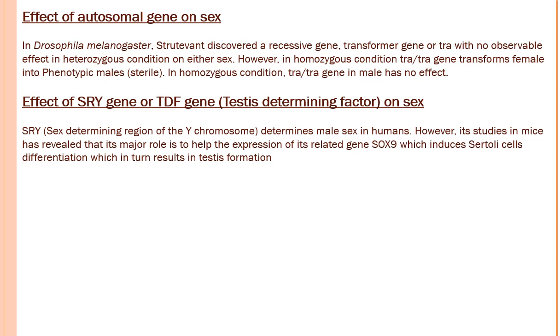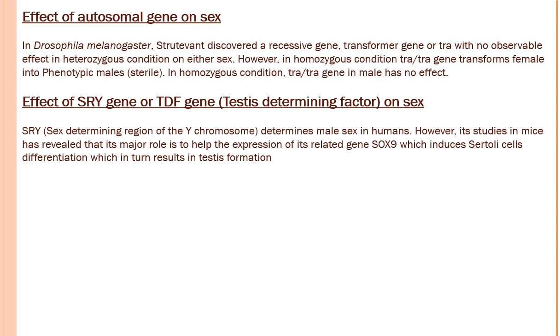The protein produced from this gene acts as a transcription factor, which means it binds to specific regions of DNA and helps control the activity of particular genes. This protein starts processes that initiate development of male gonads in the fetus. Simultaneously, it inhibits the development of female reproductive structures.